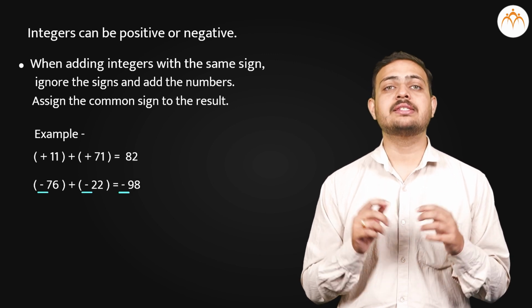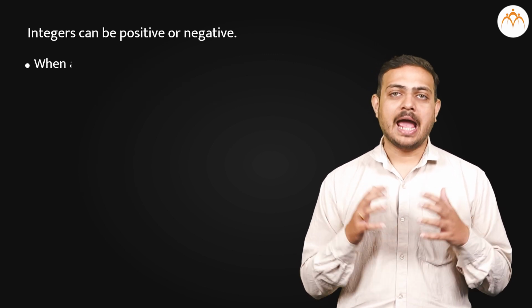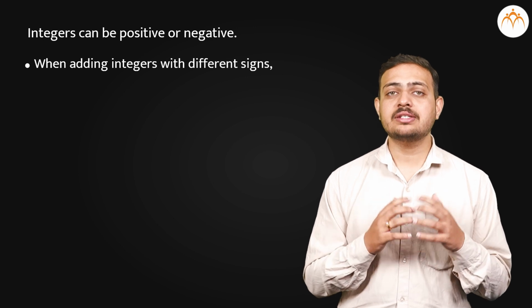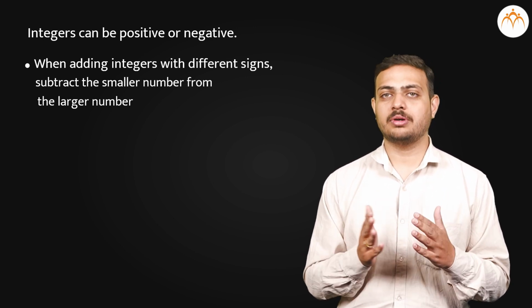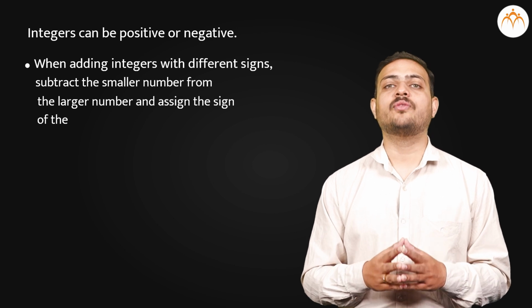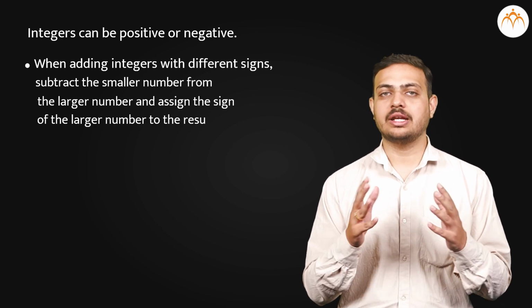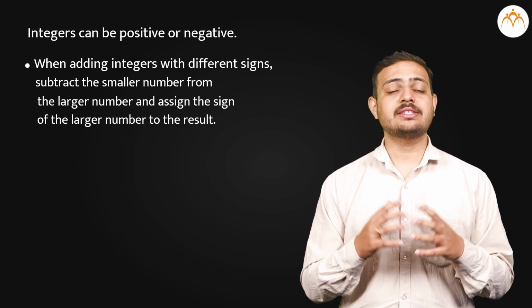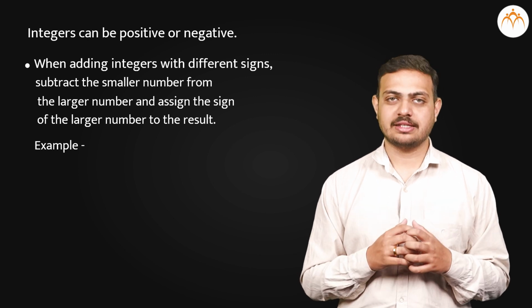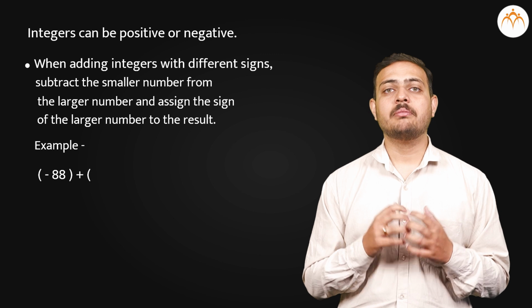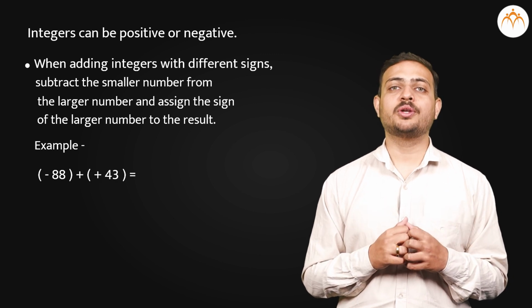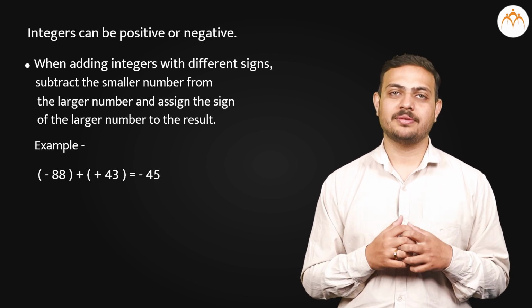The sum is negative. When adding integers with different signs, subtract the smaller number from the larger number and assign the sign of the larger number to the result. Let's see an example to understand this. Minus 88 plus 43 is equal to minus 45.